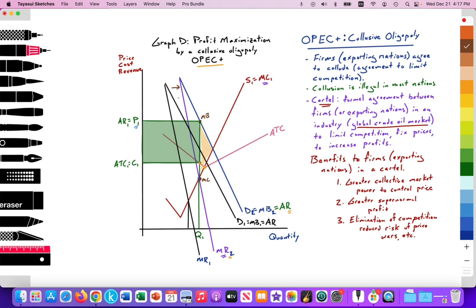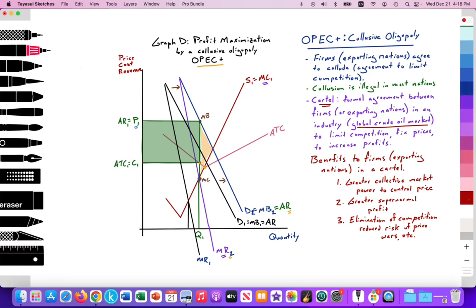Their preference to travel by car and by airplane has changed as we exit the pandemic, and now there is this increase in demand. So demand is increasing from D1 to D2. Here we have the marginal revenue curve illustrated as well, and now we need to illustrate profit maximization.